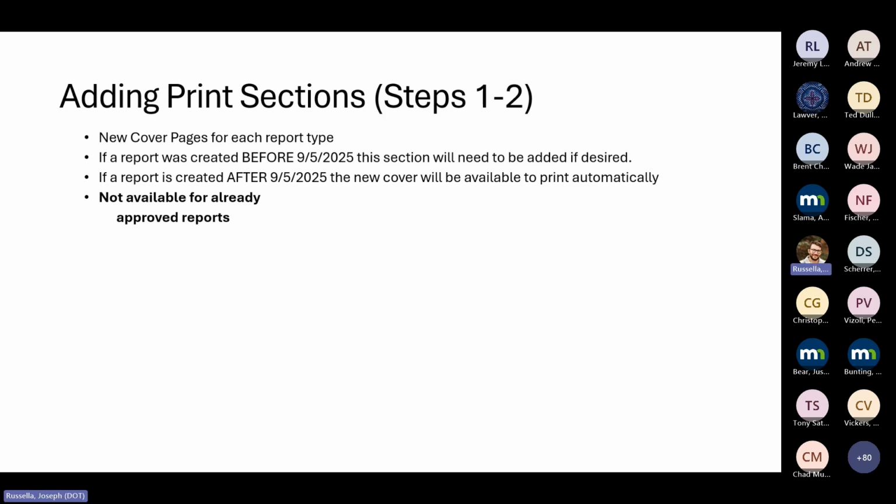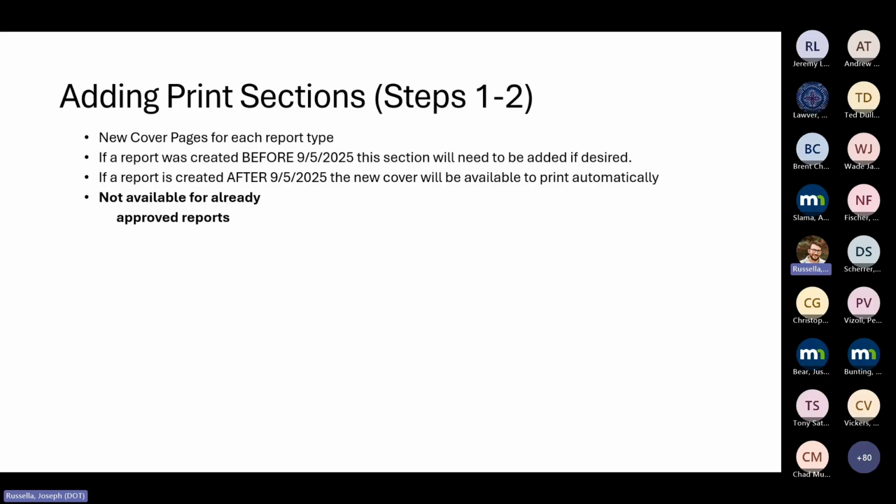So all 3 of those new reports, minus the notes output form, you may need to add to existing reports. So if a report was created prior to last Friday, 9/5, you will need to add those sections to the output report if you want to see them.